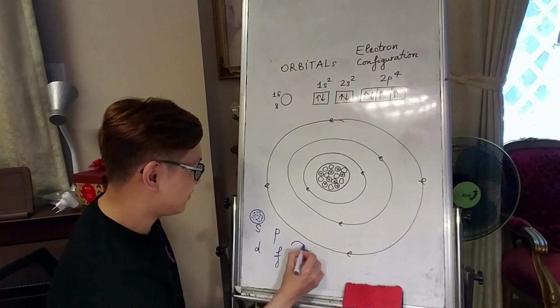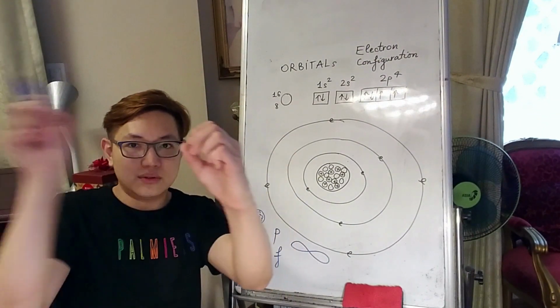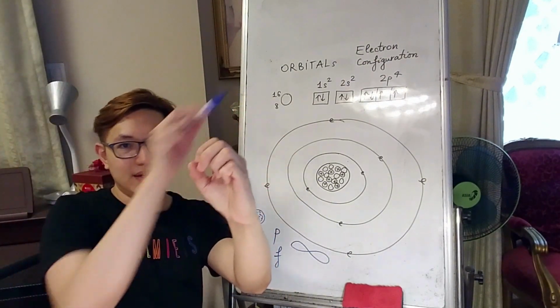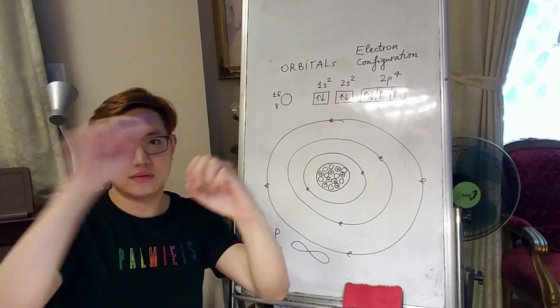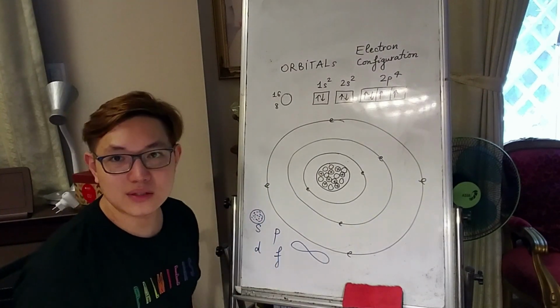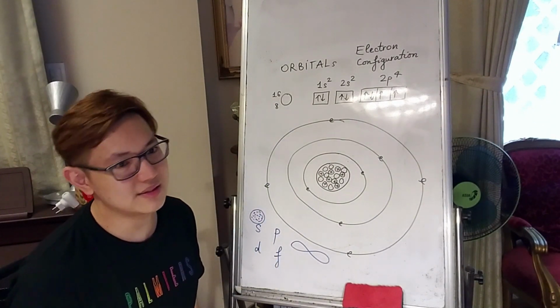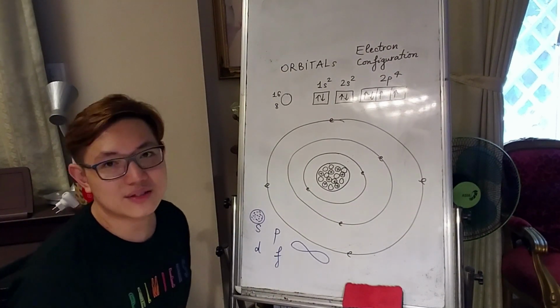P orbitals have that number 8 shape. The electron can float around the nucleus like the number 8. For s, they go around like a planet randomly. D and F I don't want to talk about much because it's not a significant thing in the textbook or the exam anyway, but it's complicated.